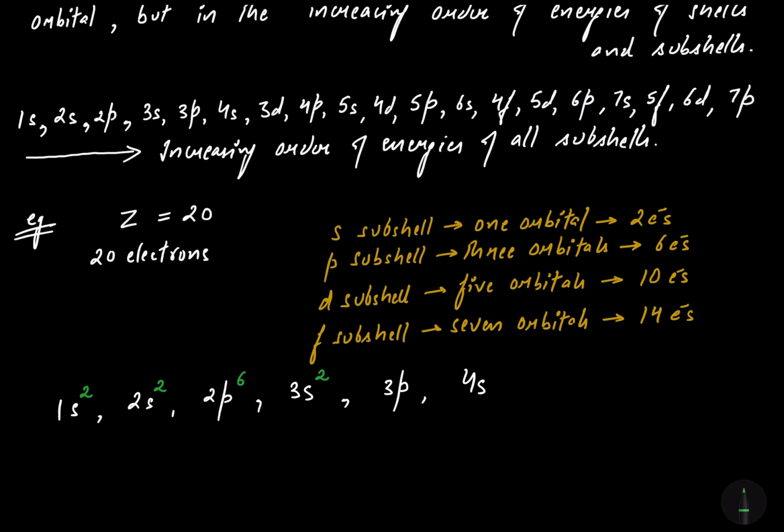Now we are left with 8 electrons. Now 3p. P subshell accommodates a maximum of again 6 electrons. So we got a total of 18 electrons. Now 2 are left. The next turn is of 4s. Now s subshell again acquires only 2 electrons. So here we got 20 electrons completed. So 1s2, 2s2, 2p6, 3s2, 3p6, 4s2 is the electronic configuration of atomic number 20. That's calcium.